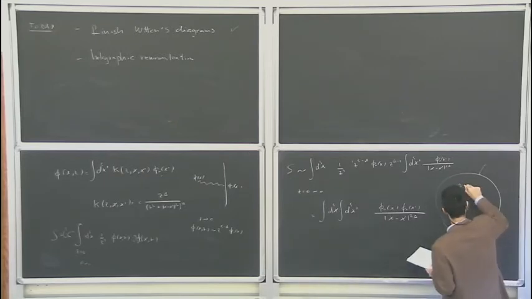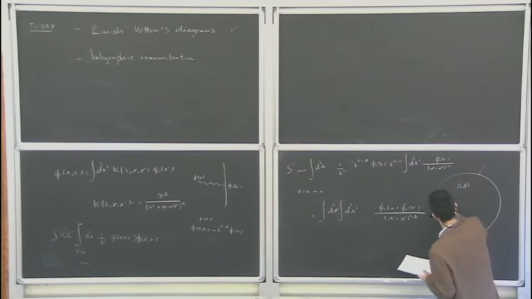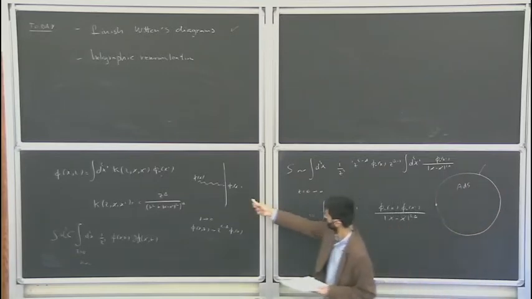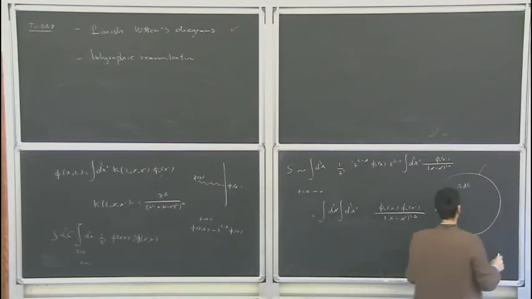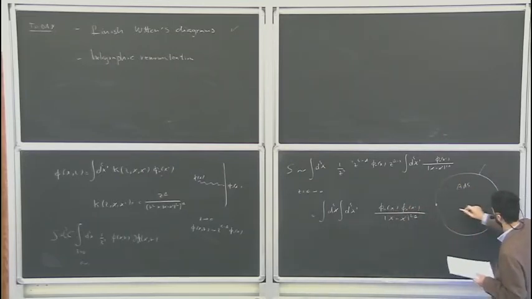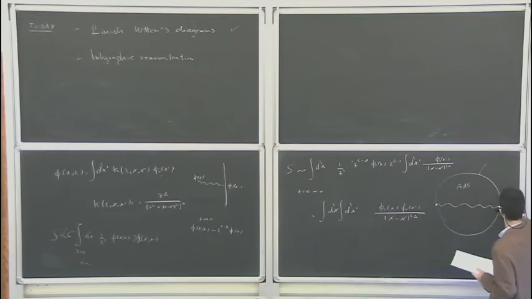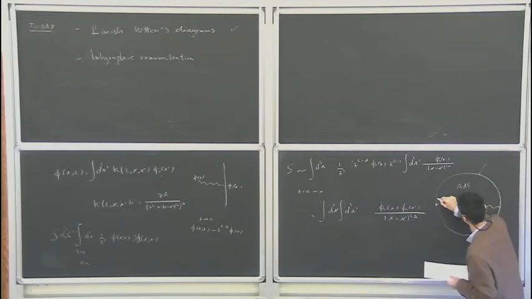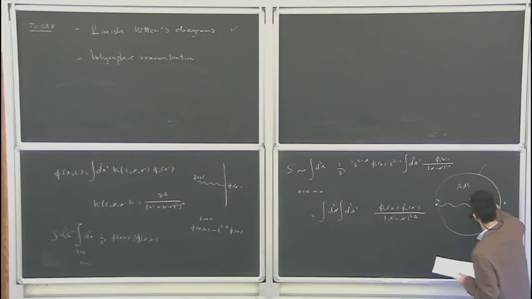So this is AdS. And so a point in the boundary, like here, is then connected to another point in the boundary, in this case x and x prime, by this propagator, which is called K.